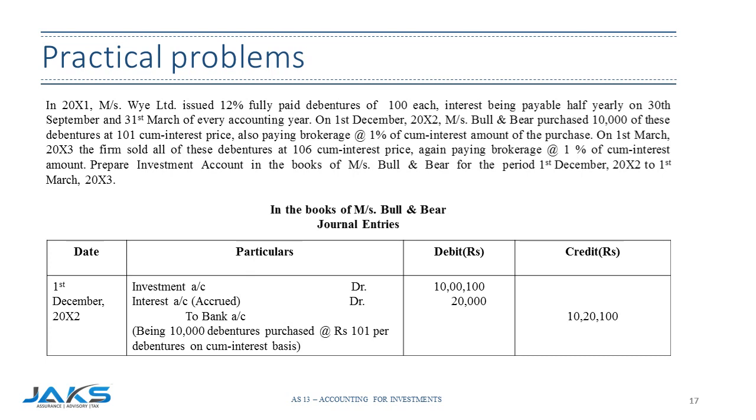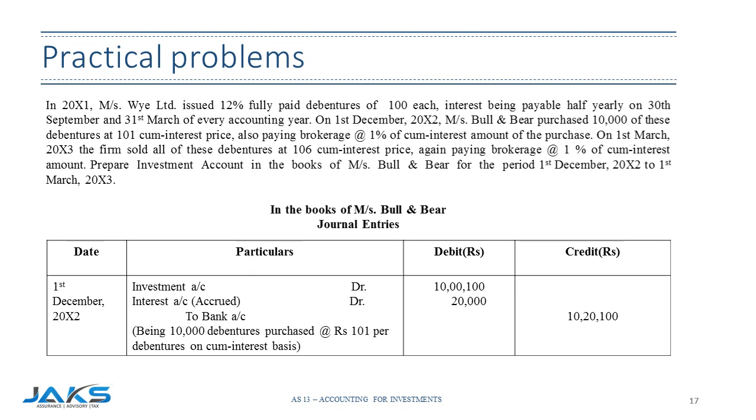So, we will check the amounts in the entries. The cost of 10,000 debentures is equal to 10 lakh and 100 only. That is 10,000 multiplied by 101. Add the brokerage at 1% of the actual cost, Rs 10,100. Then, less the interest accrued, as it is on cum interest price.